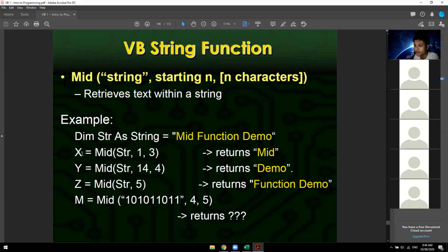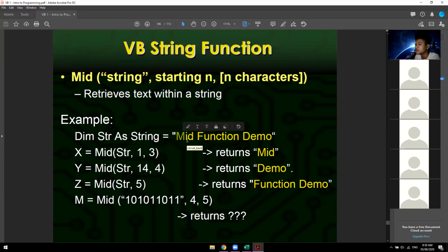And then we have a function mid and then str. Kinukuha natin yung value ng str, which is mid function demo. And then kung saan ka mag-i-start, so 1. Kung saan ka nag-start, doon ka na rin mag-i-start ng counting ng characters.